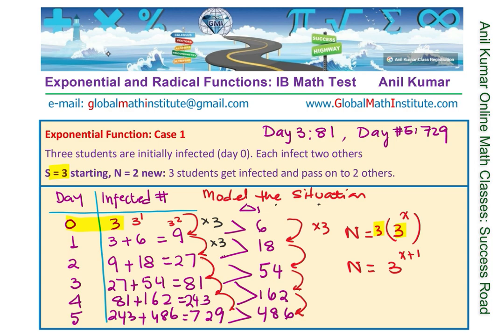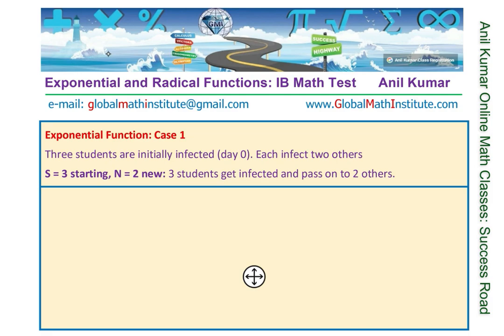I hope you have understood how from the given situation we could model. So we got the solution where the starting number is 3 and two new students are infected, correct? And we found that the model is that the total number is equal to 3 times 3 to the power of x, or you could write this as 3 to the power of x plus 1, either way.